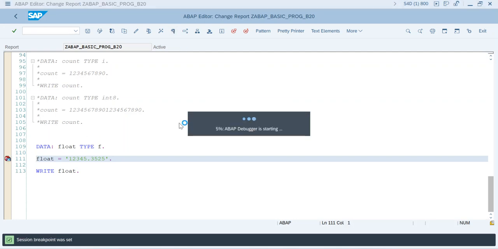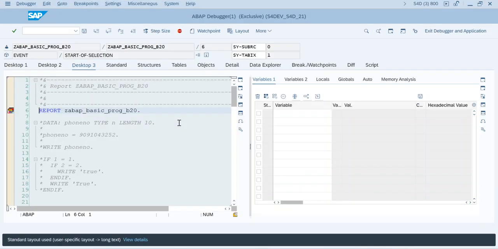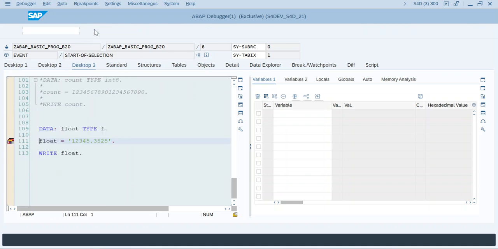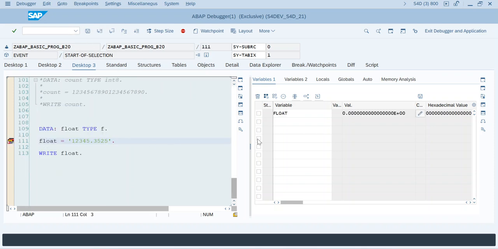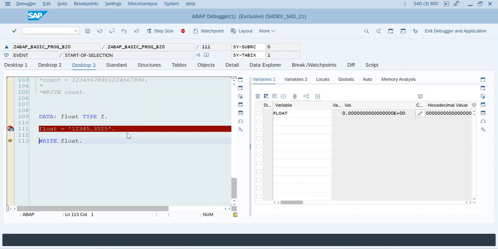Anybody, any idea what happens now? What do you think? Same, no changes, you see, but still it is 4, indicating that these 4 numbers belong to the unit place, but these numbers belong to the decimal place.